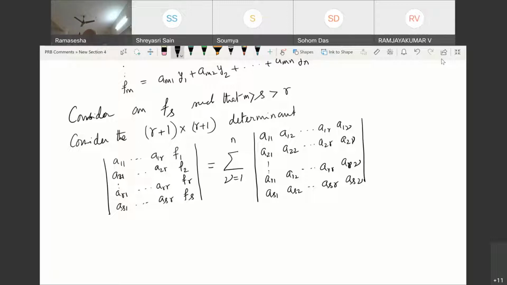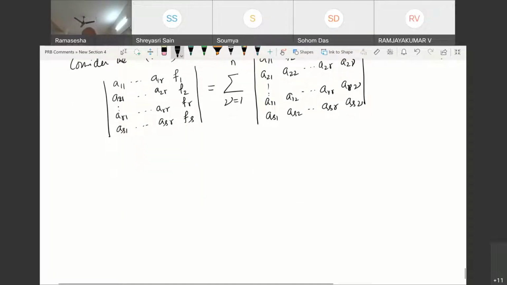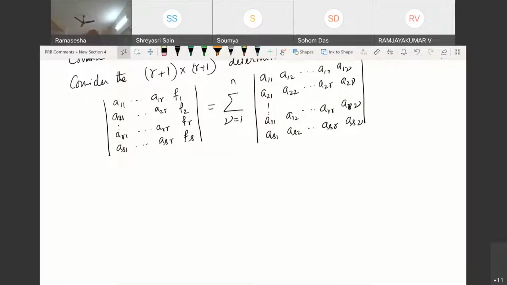Okay. So now I can also expand this whole thing by the last column.